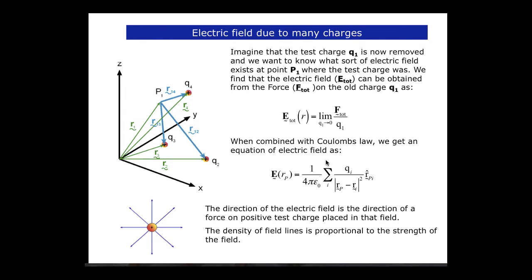We say that the electric field exists in space regardless of the presence or absence of a test charge there. But to know if there is any electric field and to measure its magnitude and direction, one needs to place a test charge there, measure the force on it, and then divide the force by the value of that test charge. There is no other way.